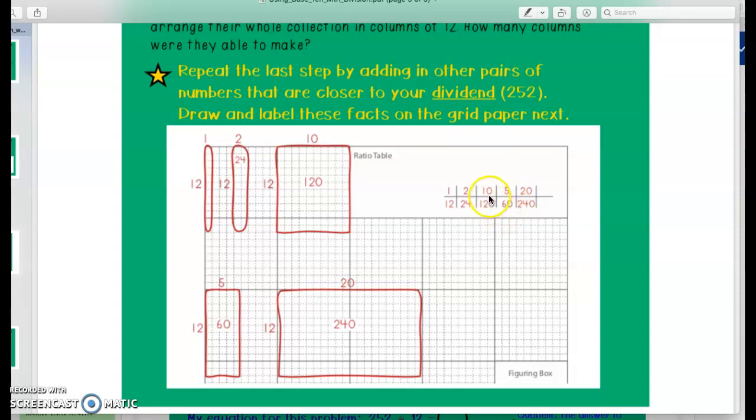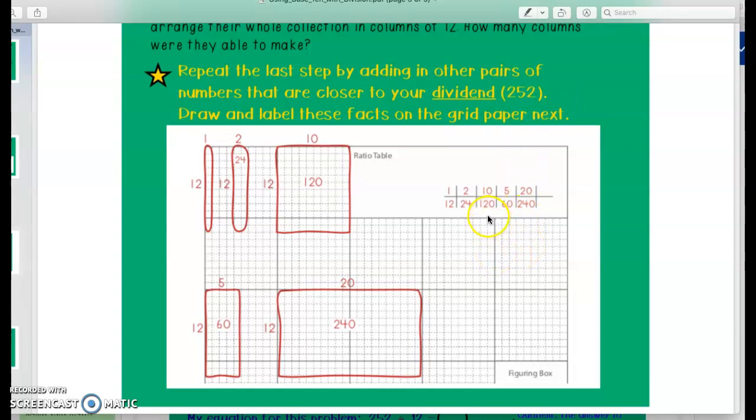Well, if I know 5 is half of 10, I also know that 60 is half of 120. If I added 120 plus 60, that's still only 180. So I'm not quite there yet.